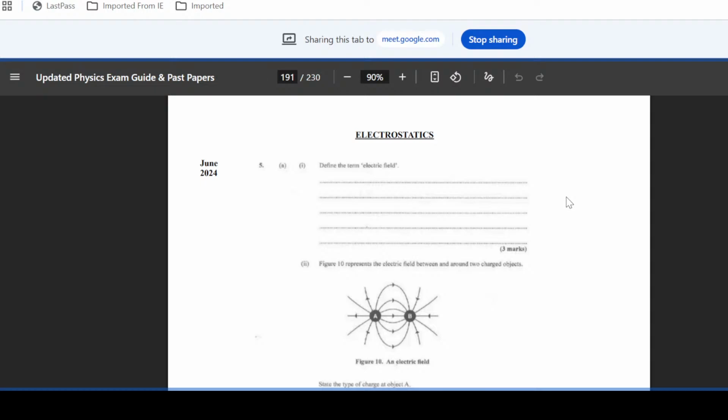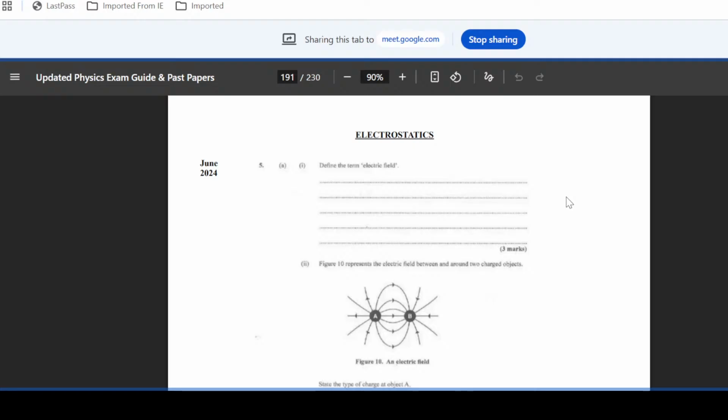So in convention, if you saw the images earlier, the electric field lines, you'll see that the arrows are basically telling you if you put a positive charge near these objects, how it's going to behave.